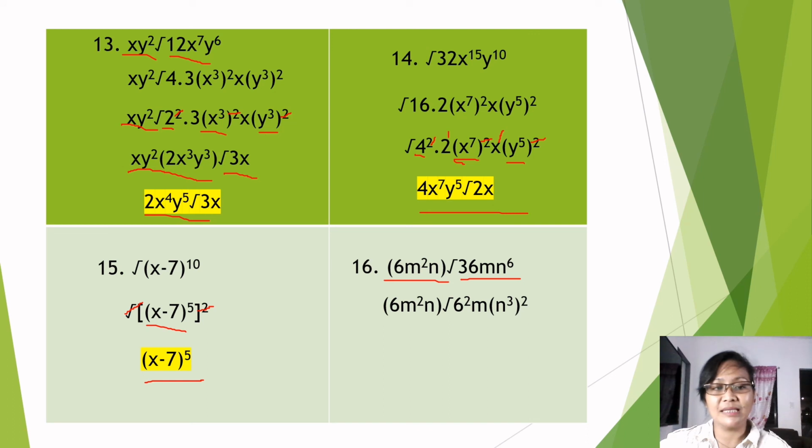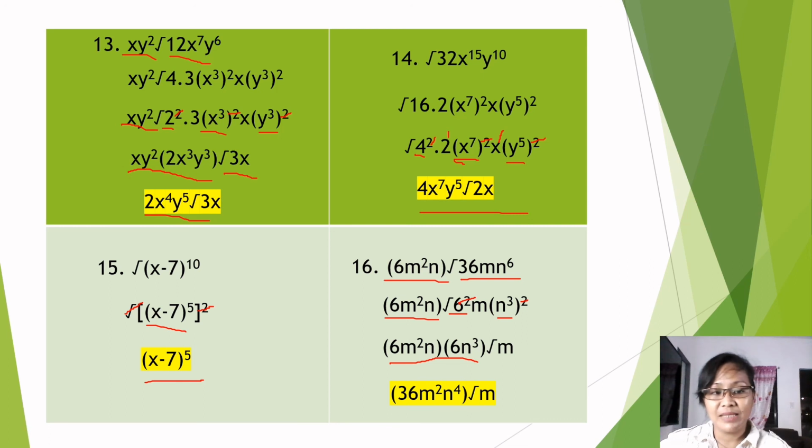So we have 6m squared n, square root of 6 squared m, n cubed squared. Extract the root. So cancel out squared, squared. So we have now 6m squared n times the perfect root, 6 n cubed, and the non-perfect root, square root of m.